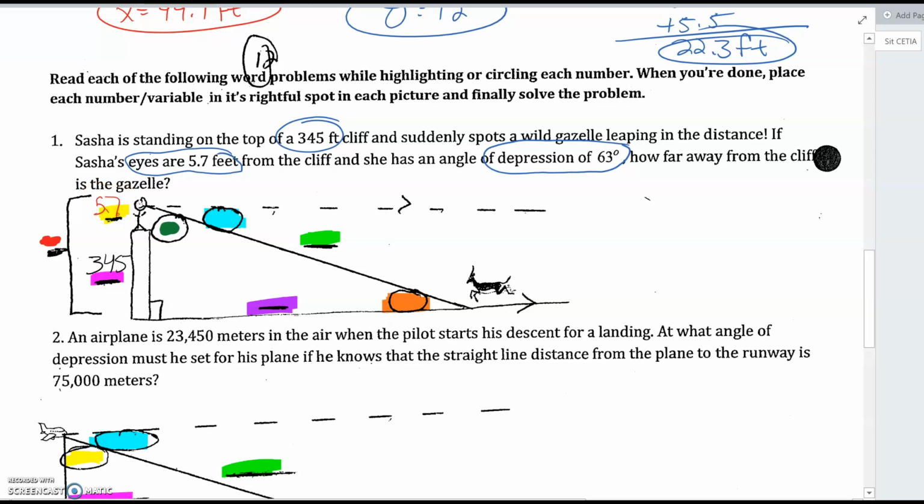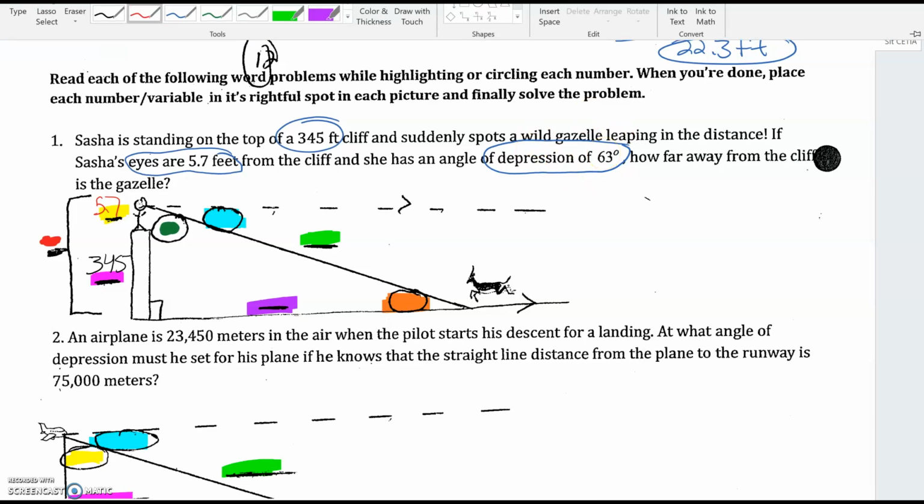All right. Her angle of depression is 63 degrees. Where do you think the 63 degrees goes? Since it's a degree measure, it's going to be either green, light blue, or the orange, because the circles represent the degree measures.